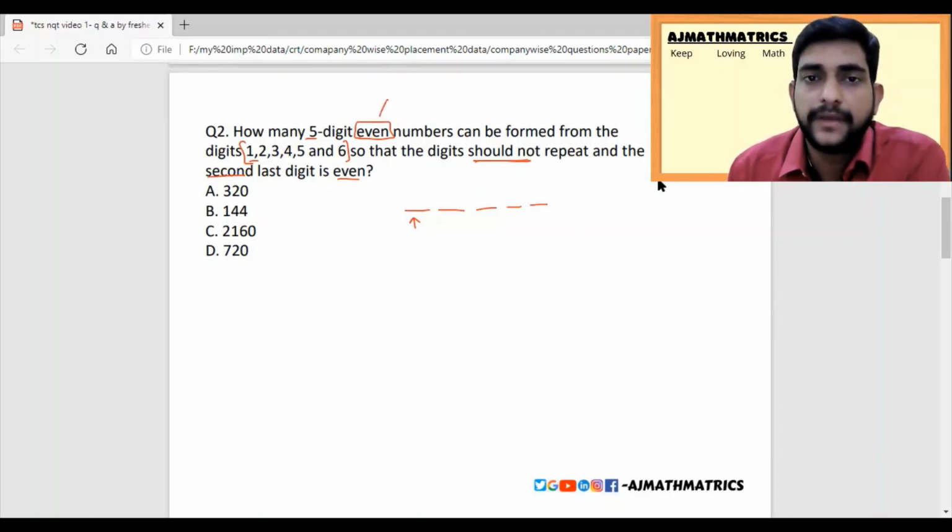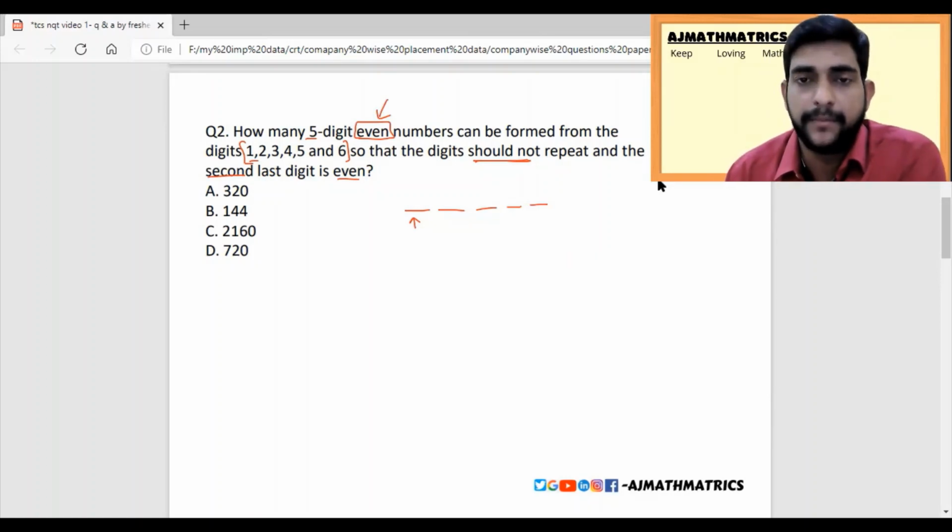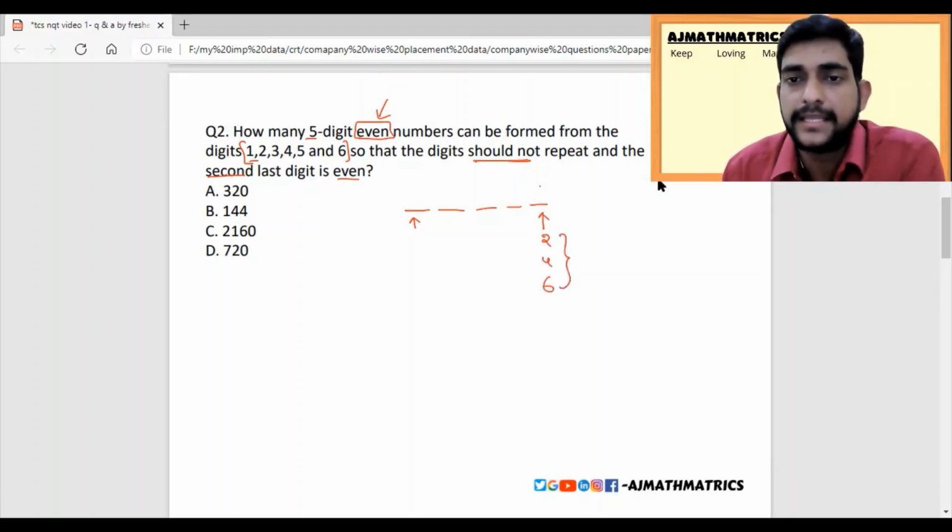First we'll go with this condition. How do we know that a number is an even number? By checking the units place, which should be filled with an even number, so that we can understand the complete number is even. The possible even numbers we can place at the last place are either 2, 4, or 6, which means we have 3 possibilities.